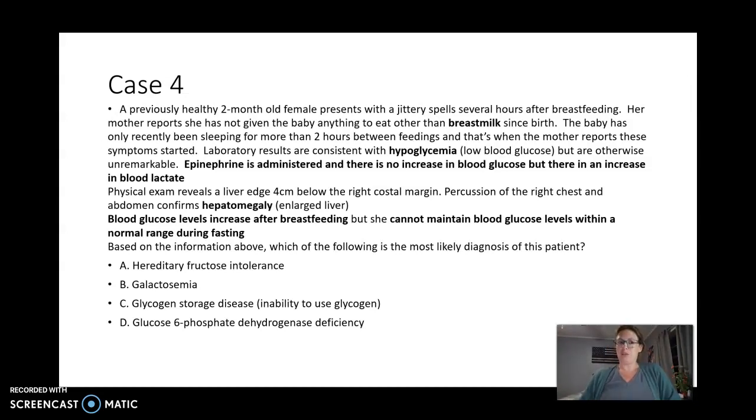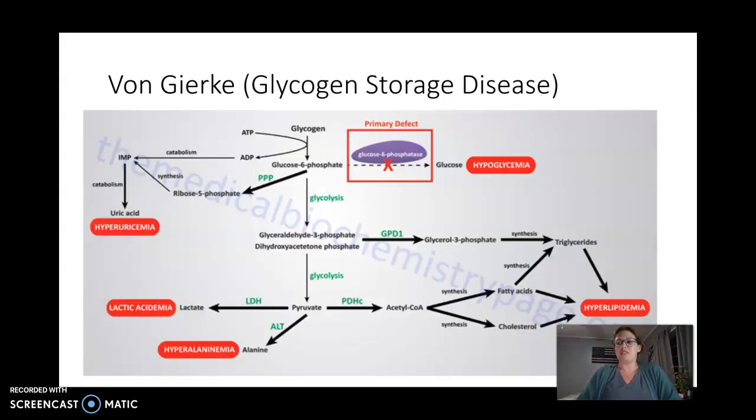So that leaves us with option C, which is glycogen storage disease. In week 6, we learned this as von Gierke's disease. So the lacking enzyme in von Gierke's disease is glucose 6-phosphatase, which is required to dephosphorylate glucose 6-phosphate to then generate free glucose, which is seen at the top of this diagram here.